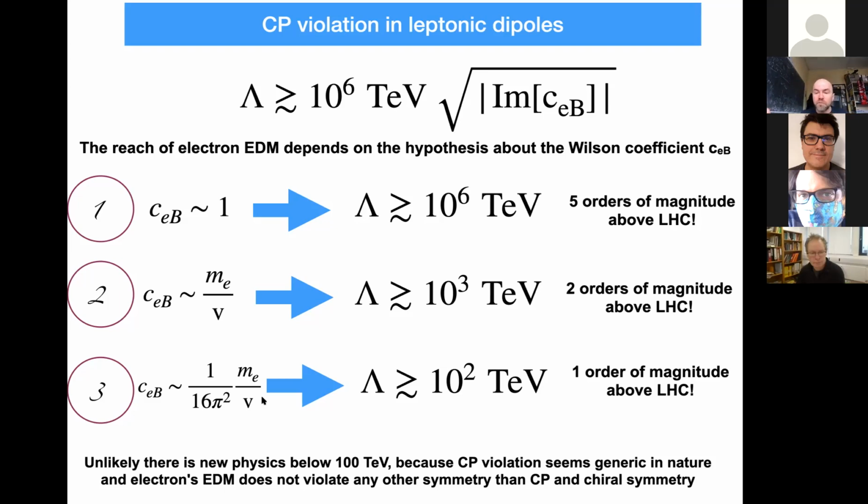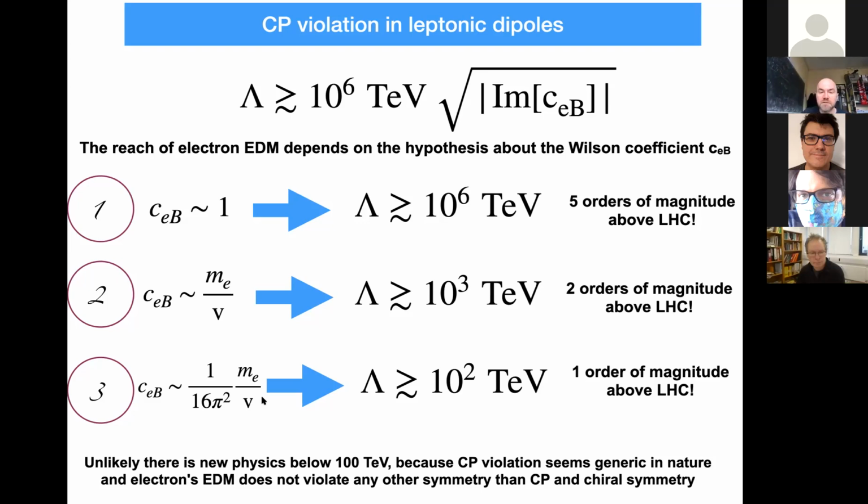You would need a huge conspiracy, and in that case it turned out that there is no conspiracy. It just means that the fact that you didn't observe an electric dipole moment means that there are no 100 GeV particles at the TeV scale.